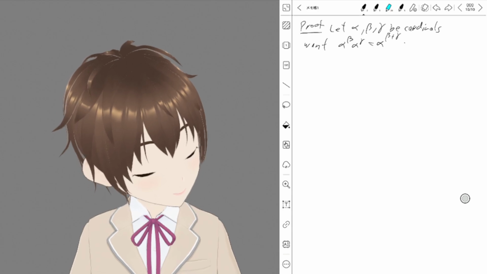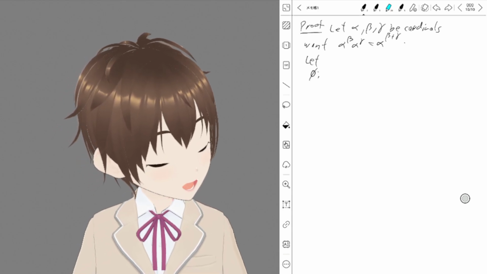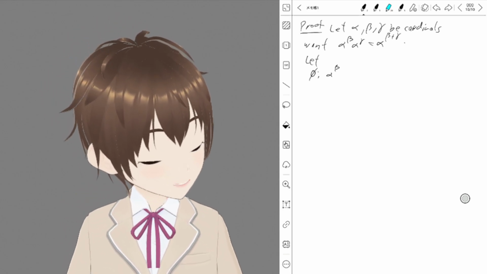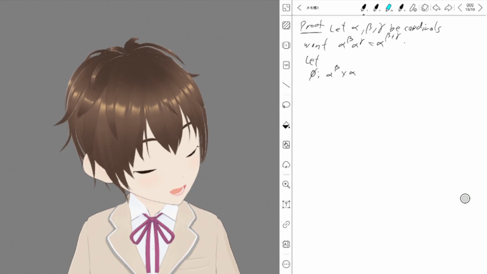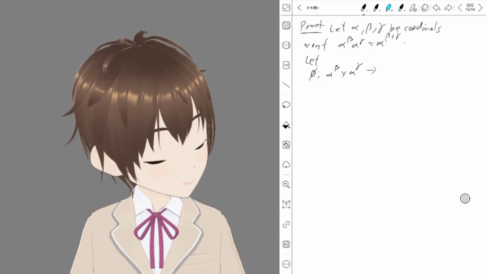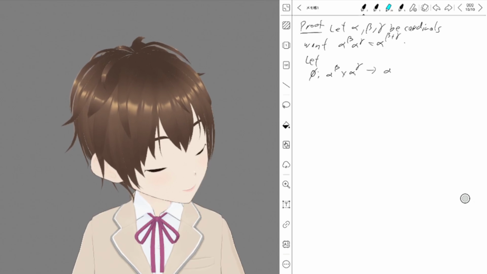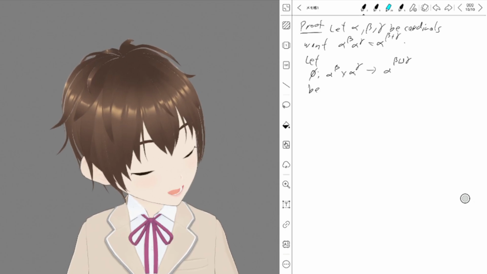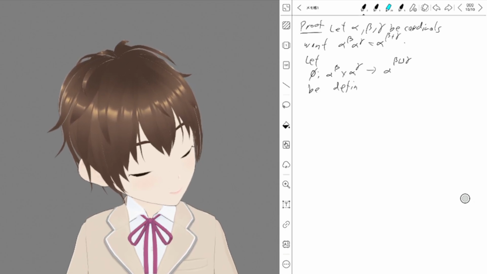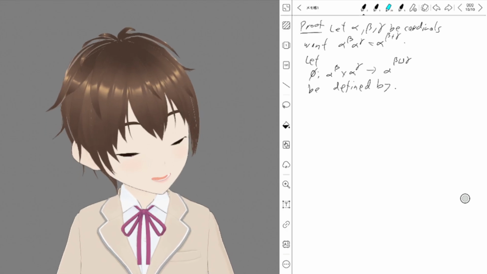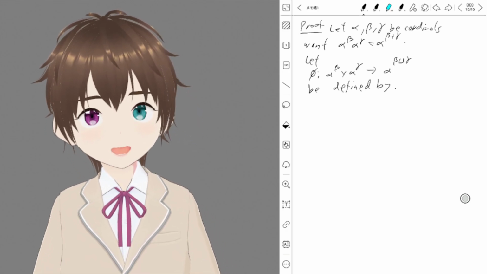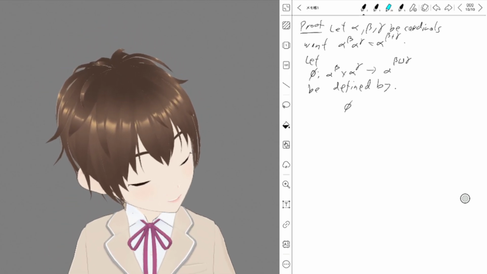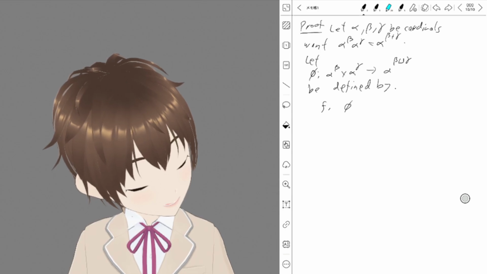So let's define phi from alpha to the beta, here this is the set of functions from beta to alpha, times alpha to the gamma, so this is a Cartesian product, to alpha to the power of beta disjoint union gamma. Okay, I have to take a thing which takes a pair of functions and assigns it to a single function by phi of, let's say, f and g.